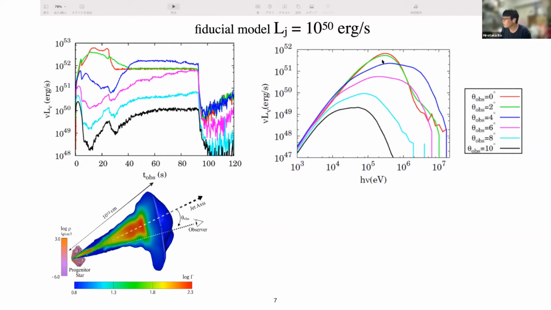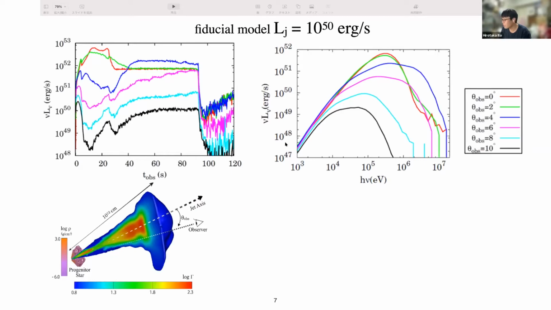Primarily, the broadening at the low energy band comes from the multicolor temperature effect, due to the superposition of emission arising from different locations of the jet, which has non-uniform structures.